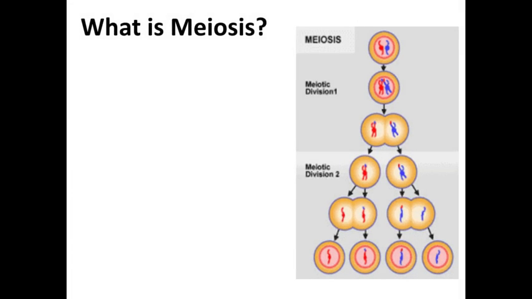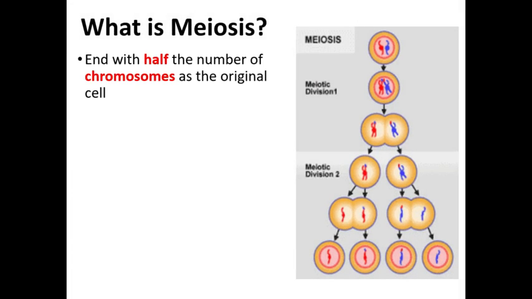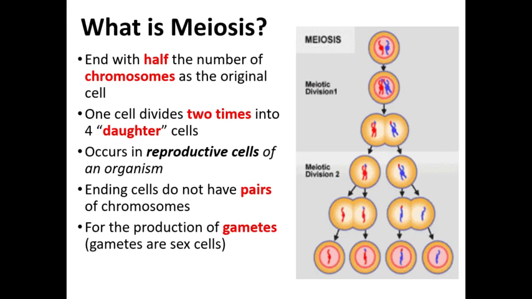So now, what's meiosis? Meiosis is when you end up with half the number of chromosomes as the original cell. One cell divides two times into four cells. So we get one cell, it does that crossing over, and it's kind of like mitosis 1.